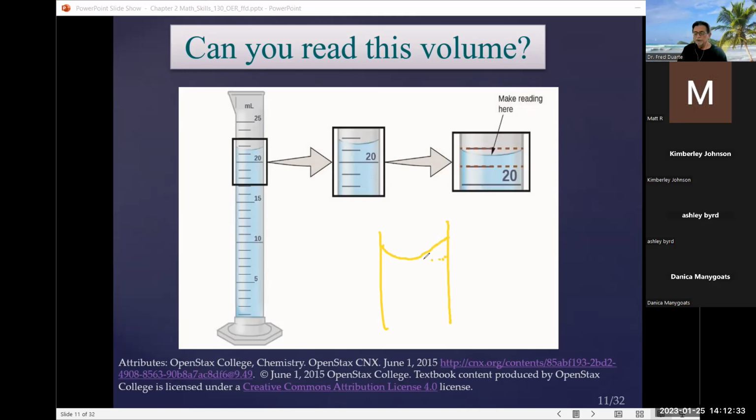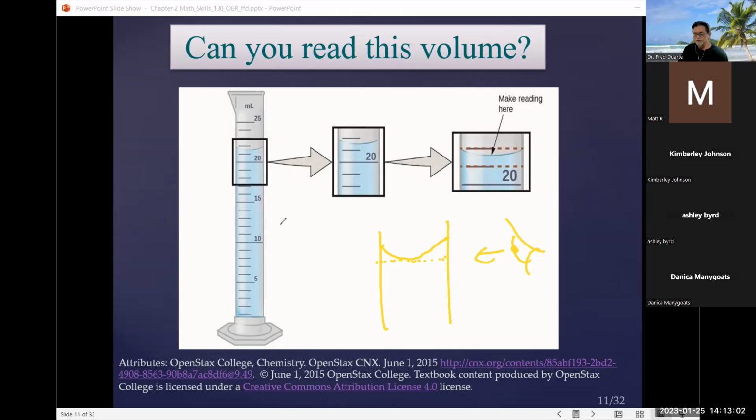Now, what we do is we bring that cylinder up to eye level, look in that direction, and look at the bottom of the meniscus, and that is where we take the measurement. So you see it's a little bit ambiguous, right? Because the question is, do I read on top of the meniscus or the bottom? So it's understood that we're always going to read at the bottom.